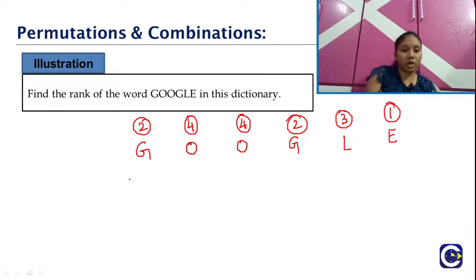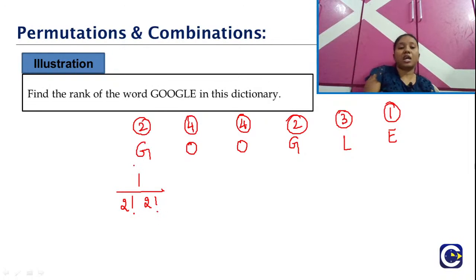How many are there? Only 1. And from here, including G, how many letters are repeating? G is repeating 2 times, so divided by 2 factorial. As well as O is repeating 2 times, so divided by again 2 factorial. Now jump one step ahead. Now O, less than 4 will be 2, 3, 1.